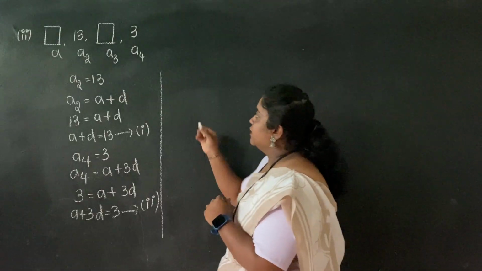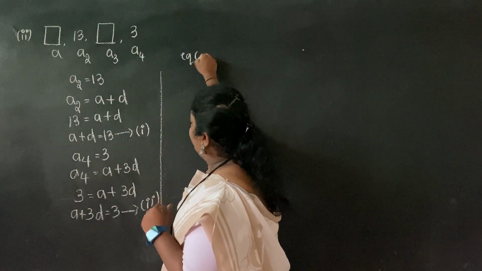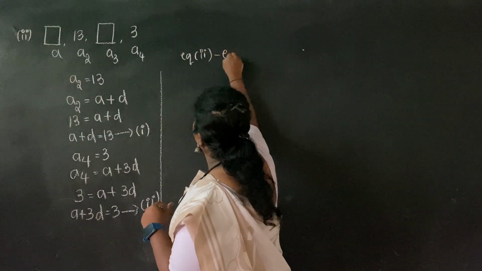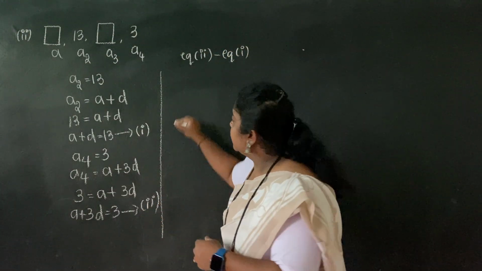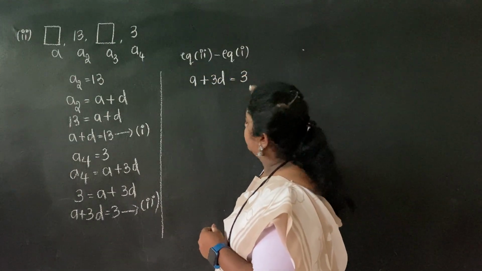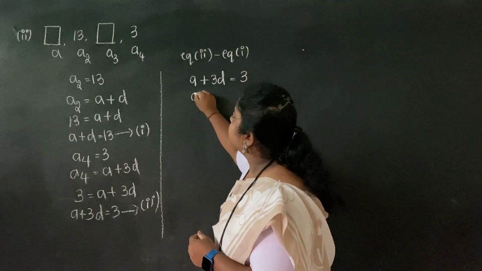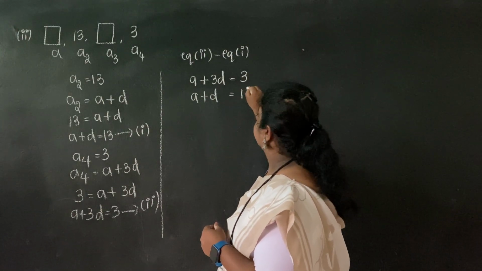To subtract the equations, look at the board. See here, equation 2 minus equation 1. What is equation 2, dears? Equation 2 I have A plus 3D is equal to 3. And what is equation 1, dears? A plus D is equal to 13.